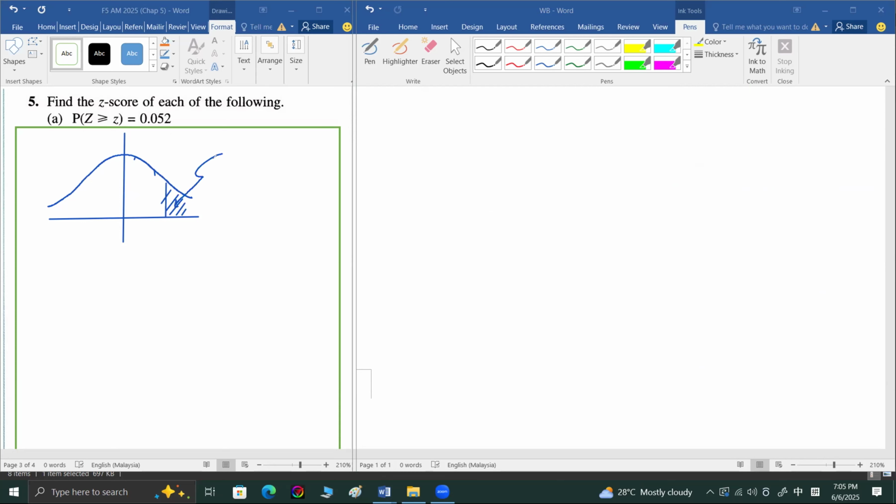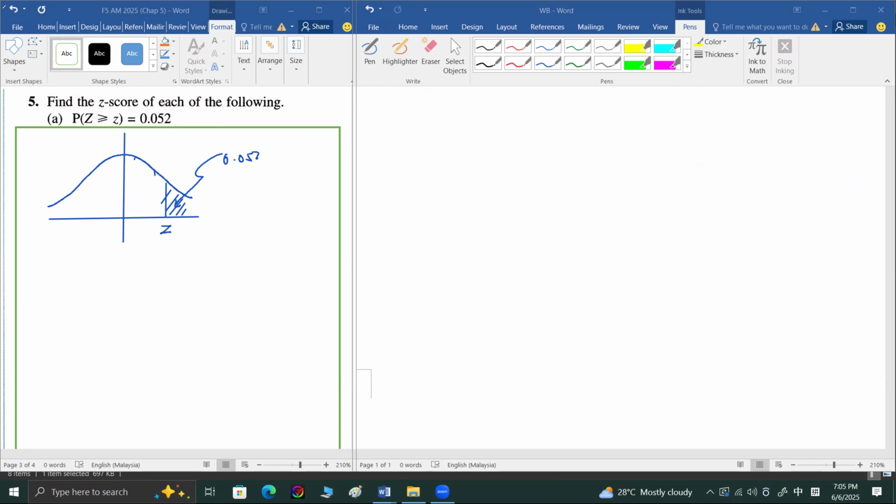So the area here is 0.052. Where the Z is, I do not know, but for sure, Z is positive here. Just like I say 0.6 will be here, the Z will be negative because over here already, right?